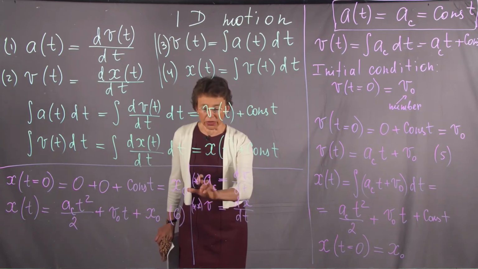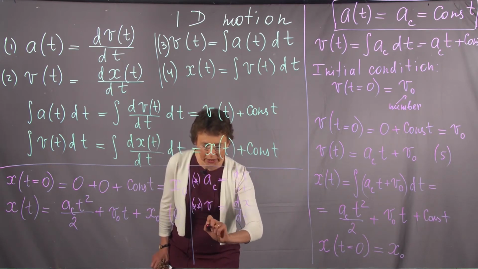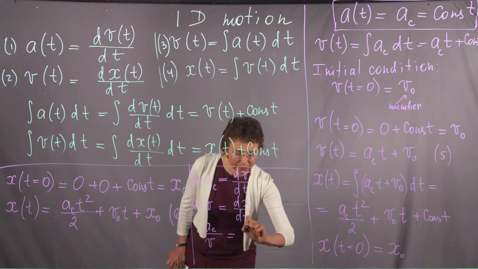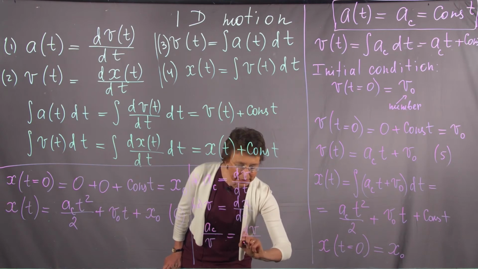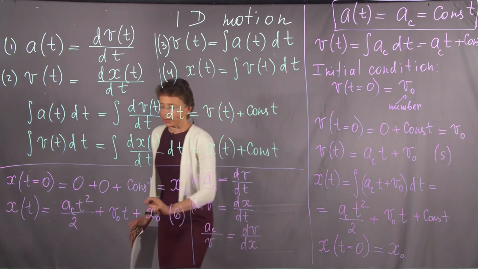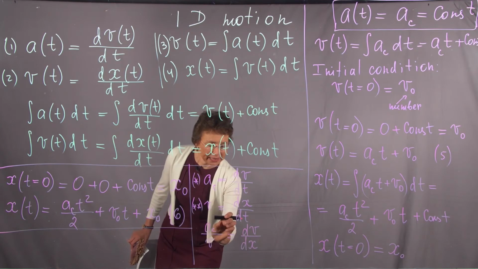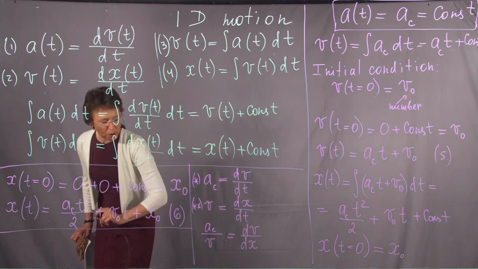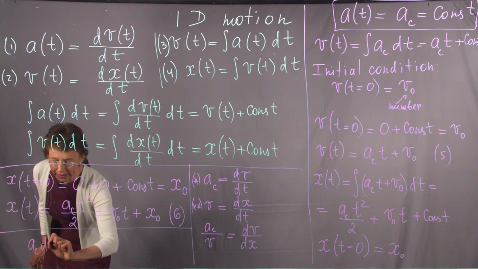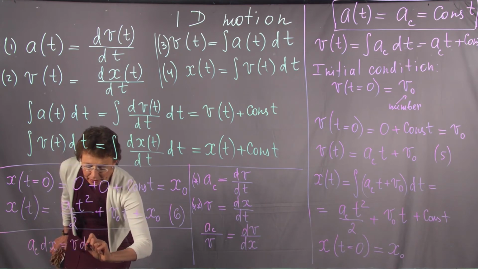So I will take the equation that is marked as star and divide it by the equation that is marked by 2 stars. I will have a_c over v on the left, and I will have dv over dx on the right. What I will do next, I will multiply by dx and multiply by v both sides of the equation, which means that I will have a_c dx on the left, and I will have v dv on the right.